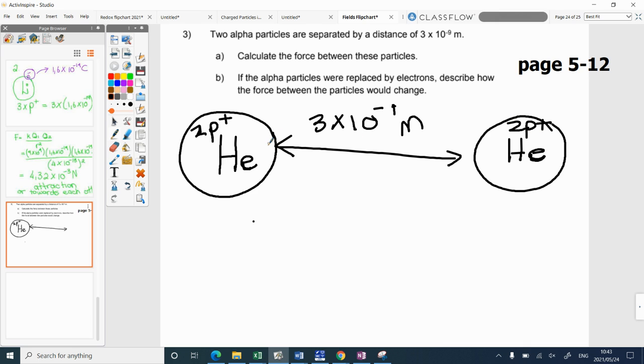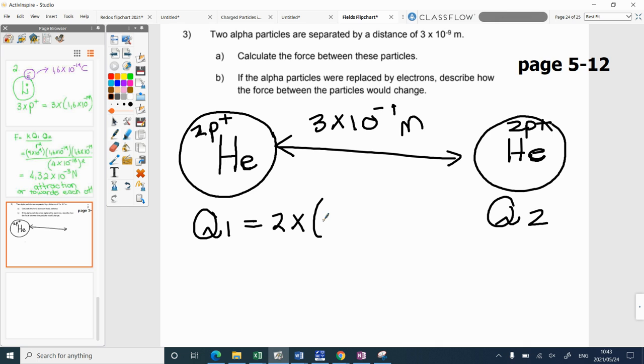Where do we get the charge on a proton? So that's the first thing. This will be my Q1, and this will be my Q2 that you're going to substitute into your equation. To get that charge, where are you going to find it? Same as an electron, so go and look on your pink sheets. What is the charge there? So it's going to be 2 times the charge on a proton.